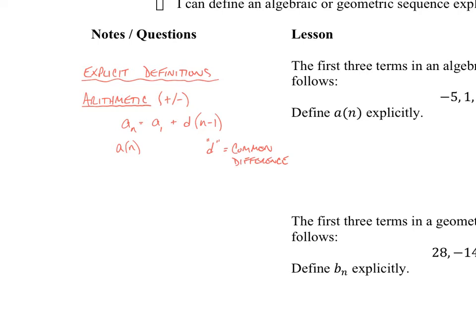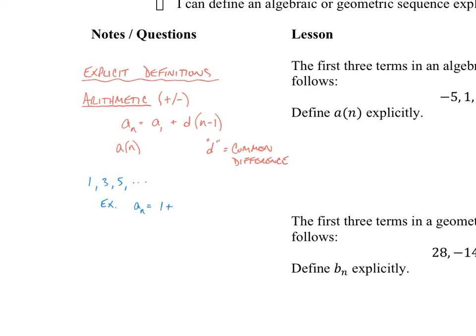So, for example, if we had a very simple sequence like 1, then 3, then 5, and it's continuing, this is obviously arithmetic because we're just adding 2 every time. So if I wanted to build an explicit definition for this, I could call it a sub n, and my first term, a sub 1, would be 1.